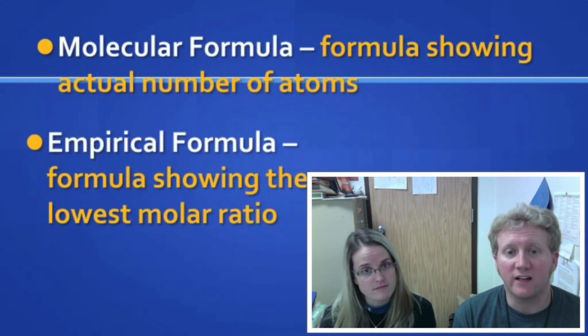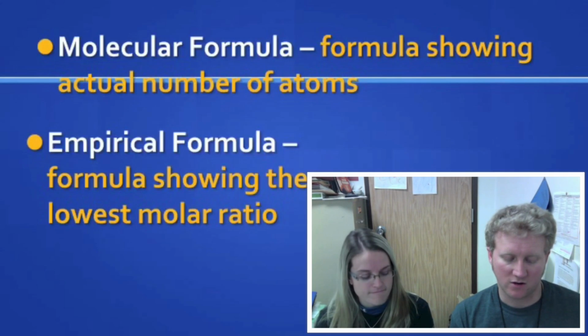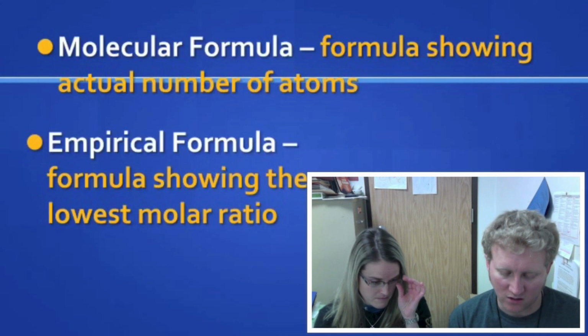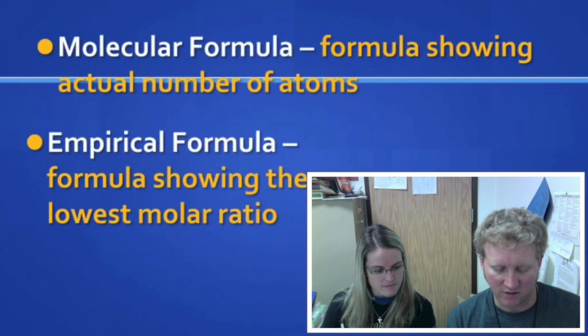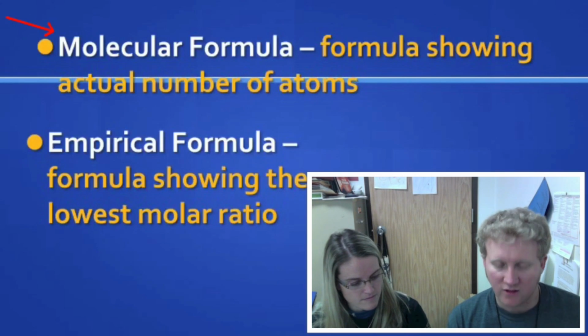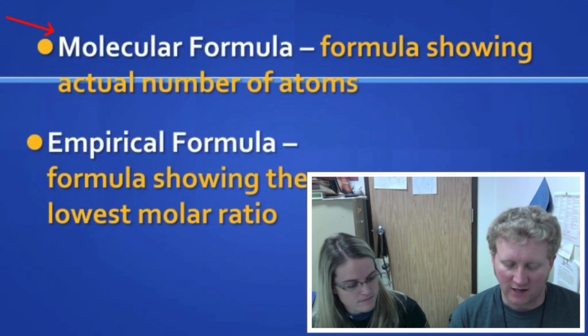Let's start out by defining what empirical and molecular formulas are. If we take a look, the molecular formula of something is the formula that shows the actual number of atoms.